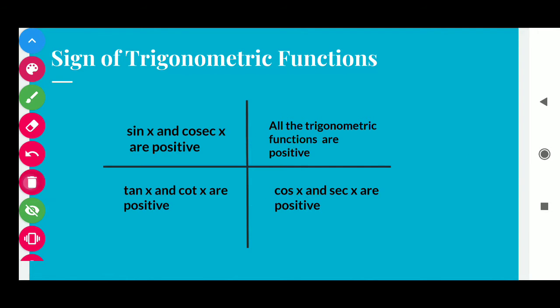Now students, we will discuss trigonometric functions and their signs in the quadrant system. First of all, here you can see that I make a quadrant. This is the first quadrant, this one the second, this one the third quadrant, and next is the fourth quadrant. And students, we move in the anti-clockwise direction.